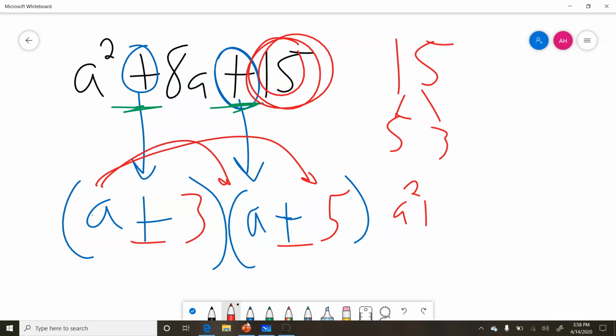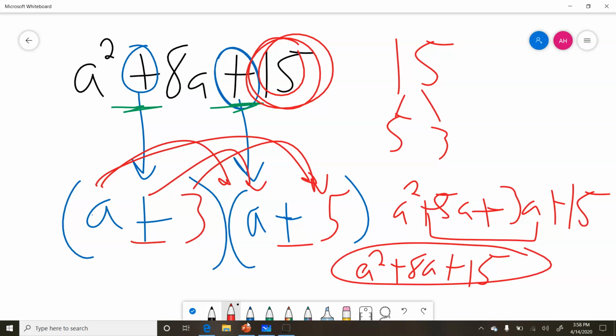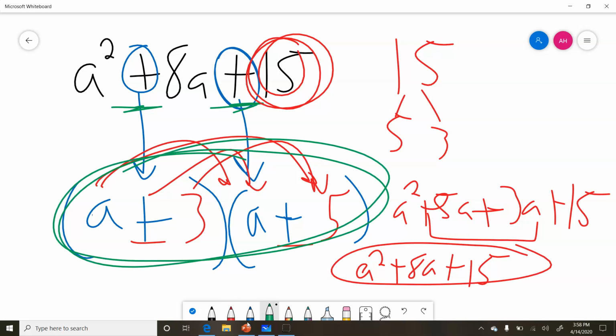A times 5 is 5a. 3 times a is 3a. And 3 times 5 is 15. I combine the 5a and the 3a, and I look at this: a squared plus 8a plus 15. That means I did it right. So this, in green, circled, is my final answer: a plus 3, a plus 5.